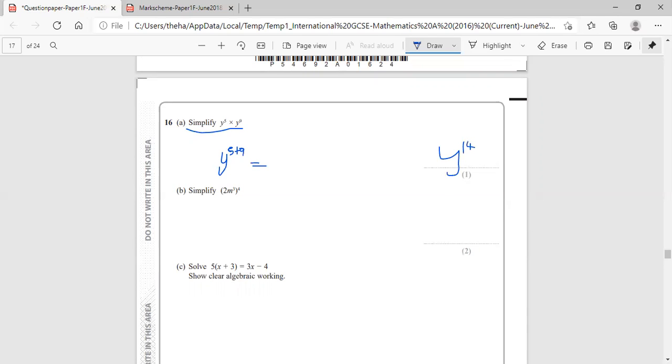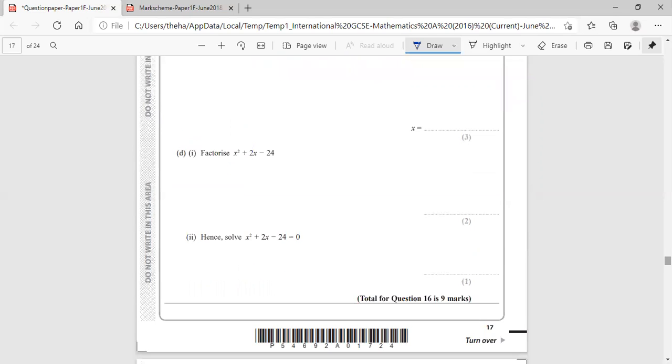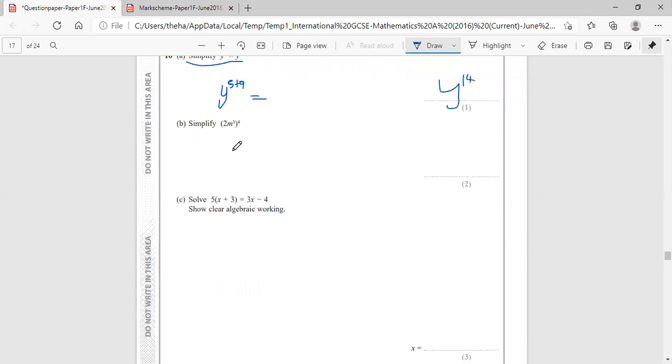So when you take a power to another power, you multiply instead of add. So we've got 2 to the power of 4 times m to the power of 3 times 4, which will give us 8 m to the power of 12.